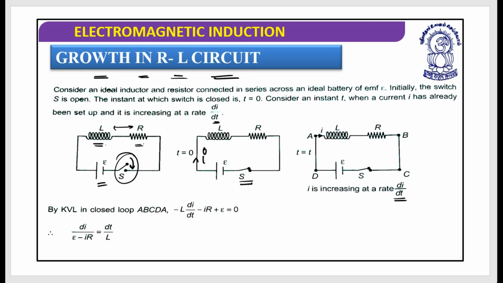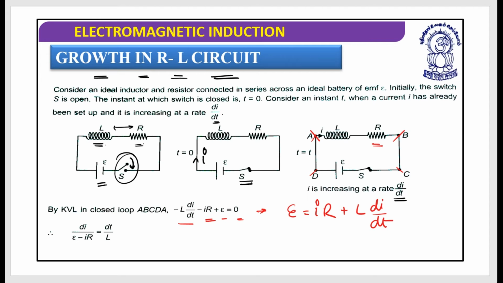So if I apply KVL, I hope you remember KVL. Do you? Great. If I apply KVL to the loop ABCDA, I could write: minus L di/dt, minus IR, plus E equals 0. If I solve this a little, E equals IR plus L di/dt.